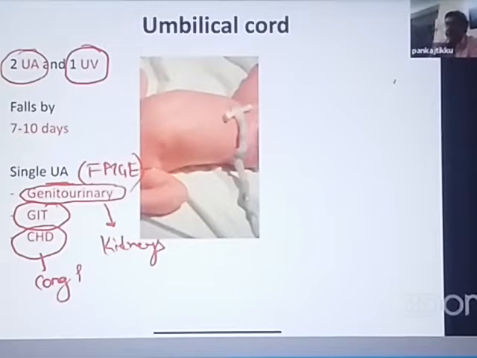So these are the congenital defects that you can suspect whenever there is a single umbilical artery: either a congenital kidney disorder, a congenital gastrointestinal disorder, or a congenital heart defect. These three types of defects should always be suspected.